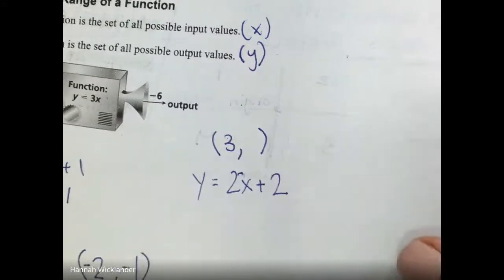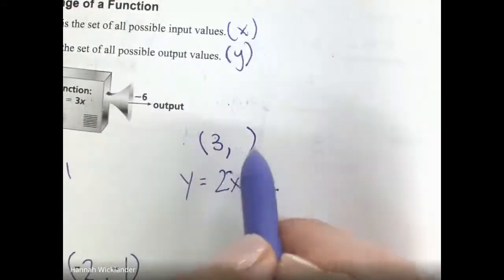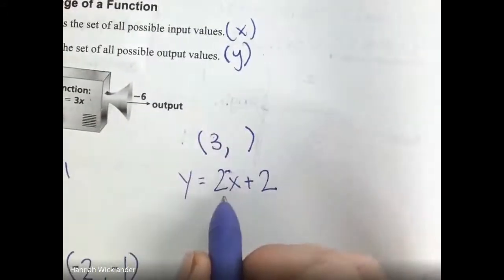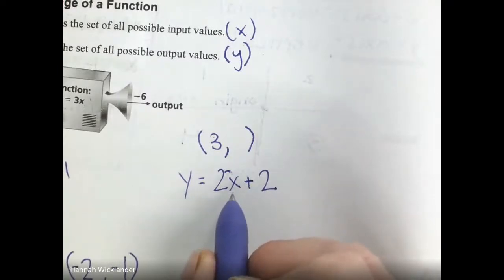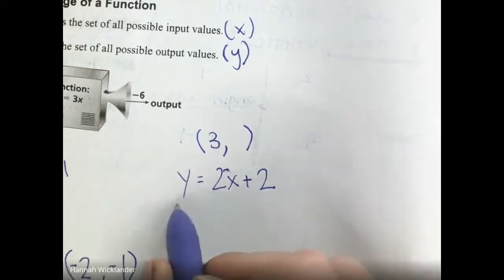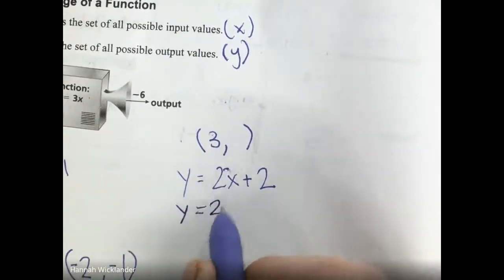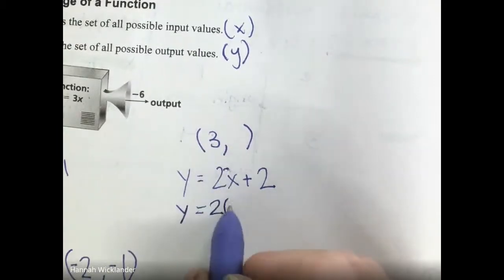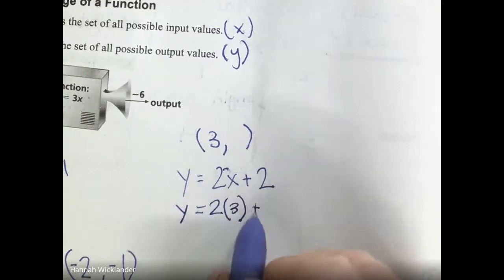Okay, so in order to solve for my y, I'm going to plug in 3 for x in my equation, and that will give me y equals a number. So 2, and wherever I see x, a 3, plus 2.